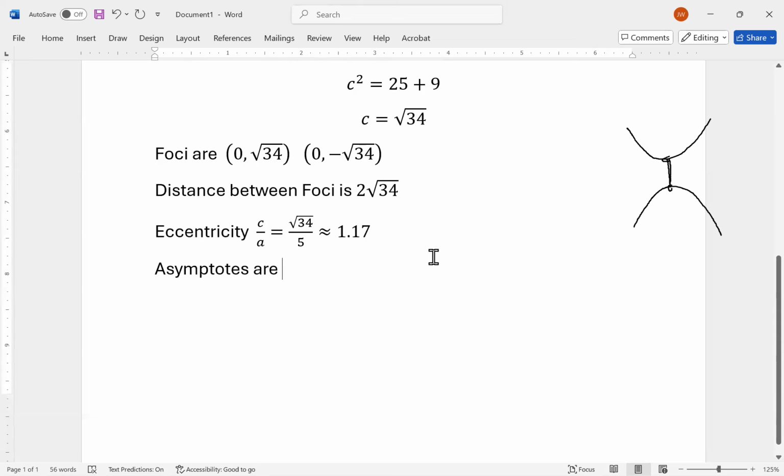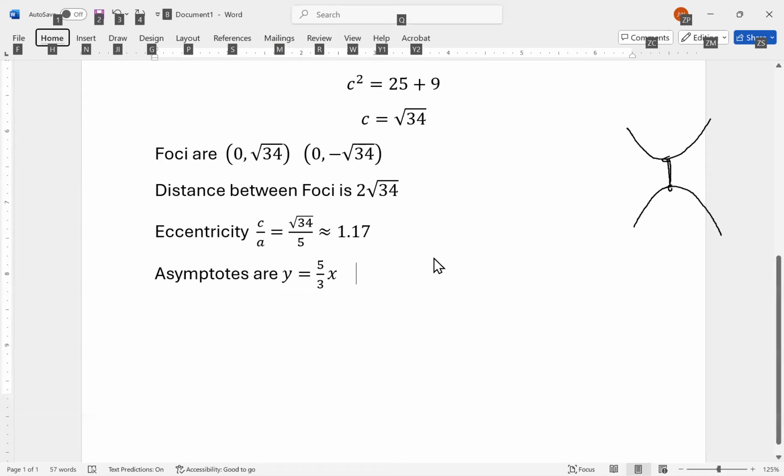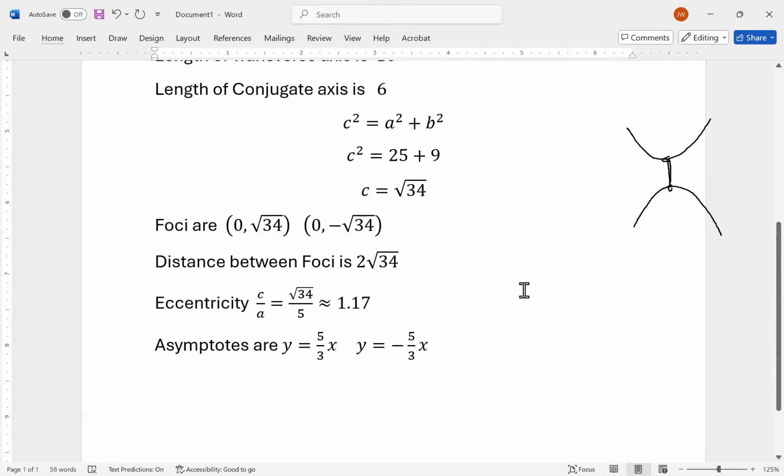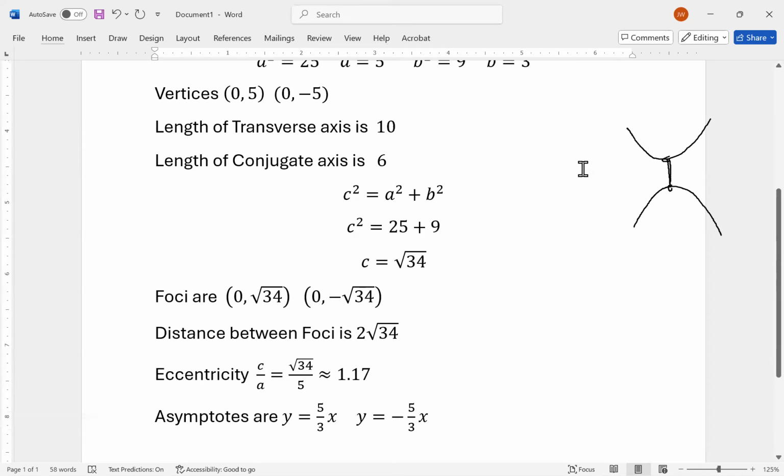Since both asymptotes go through the origin, it's going to be y equals 5/3 x as one asymptote, and y equals negative 5/3 x as the other asymptote. So there we go. That hyperbola has these features.